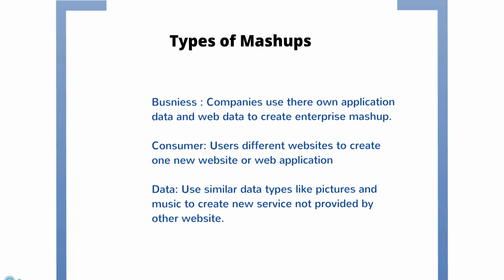Here, the data will be used from similar types of websites like YouTube and other video websites. For example, you can use photos from different photo websites and create a mashup to create a whole new website that makes more sense to the users, or the users can create their own websites as per their requirements.